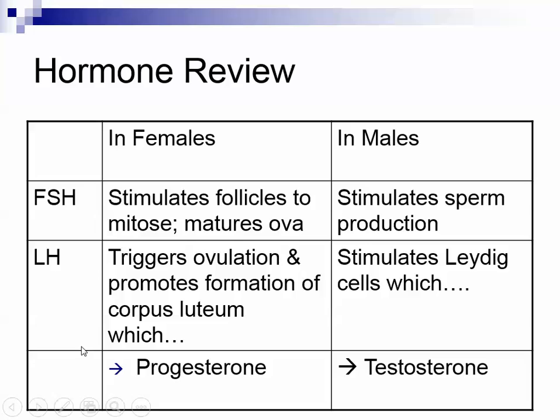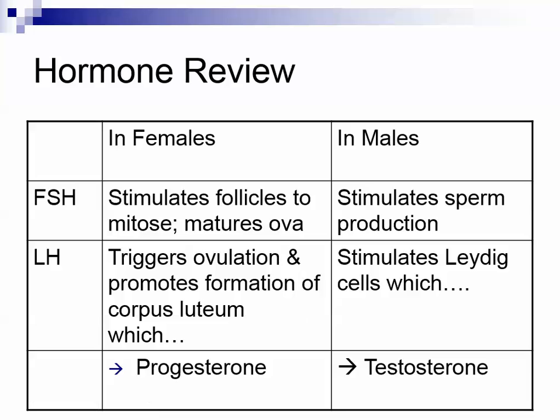So there you have a comparison of the effects of LH. In the female, LH causes the corpus luteum to form, which produces progesterone, in humans and other mammals too. And LH stimulates the Leydig cells, which produce the analogous hormone in males, testosterone.